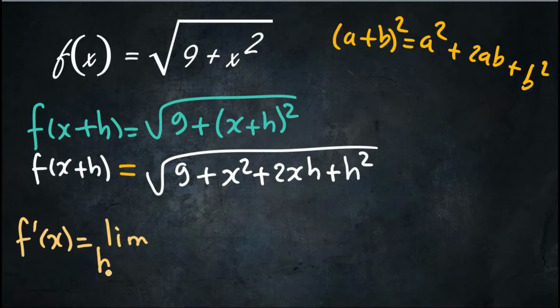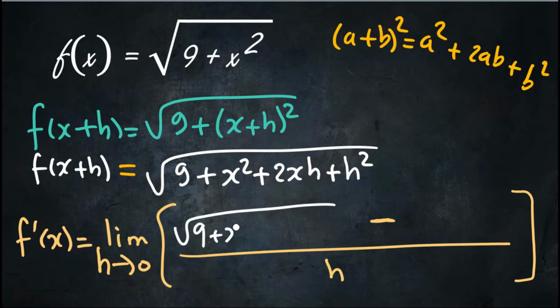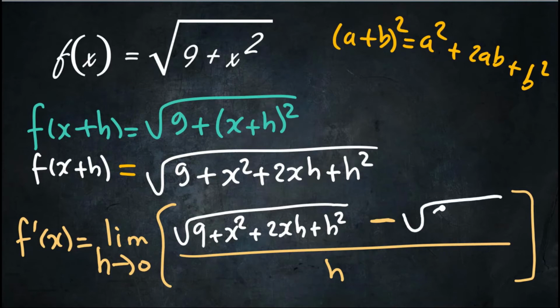The derivative is the limit of f of x plus h, which is this, minus f of x over h. So the square root of 9 plus x squared plus 2xh plus h squared minus the root of 9 plus x squared, over h.